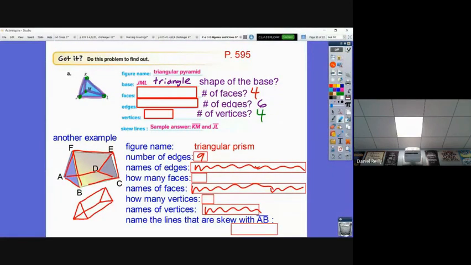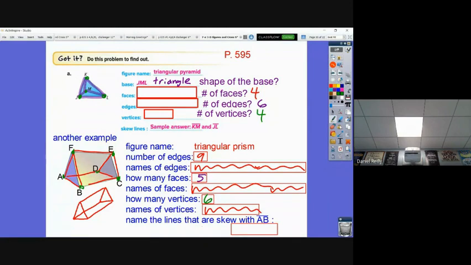Alicia? 5. The 2 triangle bases and the 3 rectangles. 5 faces. Okay. How many vertices does it have? Emma? 6. That's the corners. 1, 2, 3, 4, 5, 6.